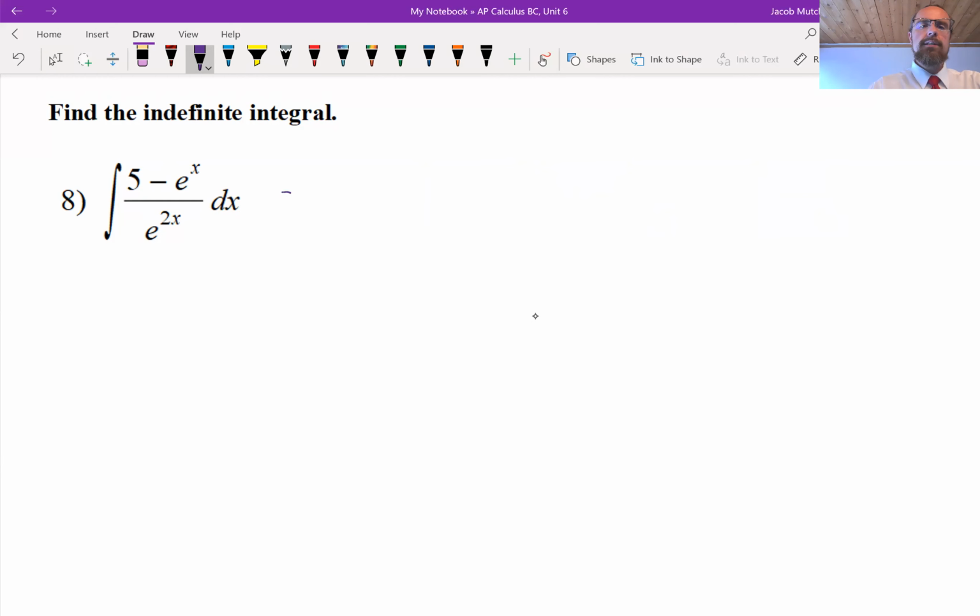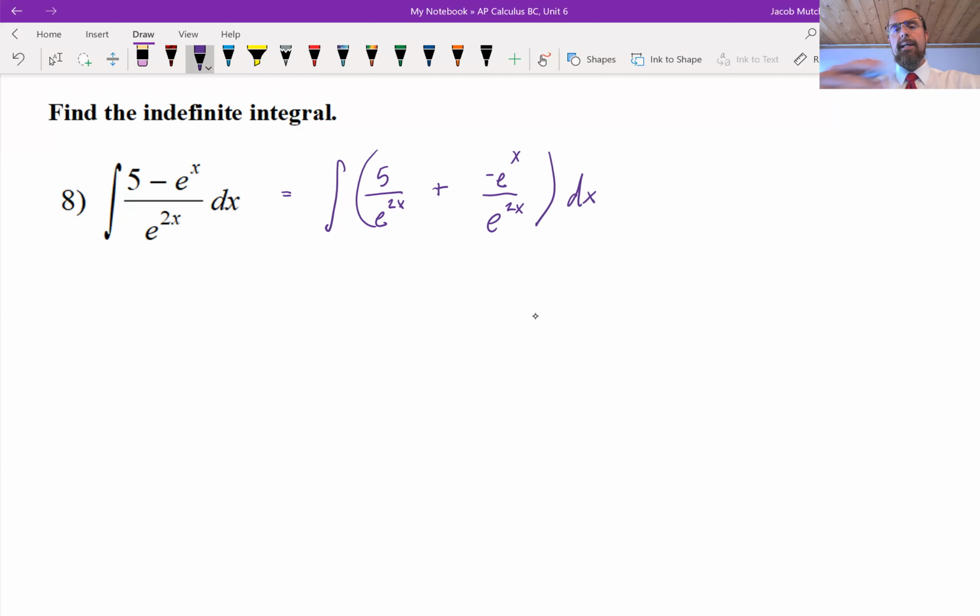So I'm going to rewrite this as two fractions. The integration of 5 over e to the power of 2x plus negative e to the power of x over e to the power of 2x dx. And from that step, what I can do is change these powers so that they're negative powers.